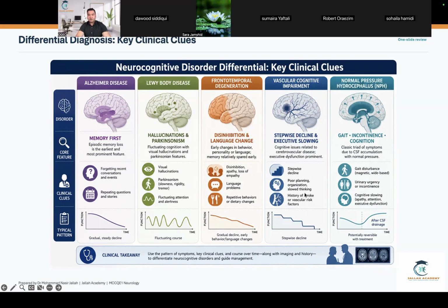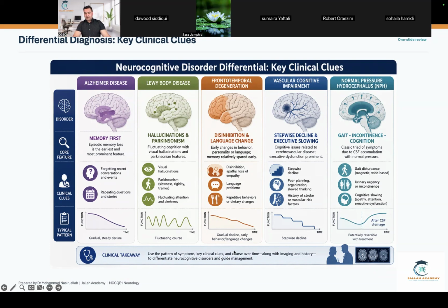Usually they love to use a stroke, and to be honest, it makes it very easy. Stroke, dementia, vascular, right? So normal pressure hydrocephalus is gait, incontinence, dementia: gait ataxia, incontinence, and dementia.